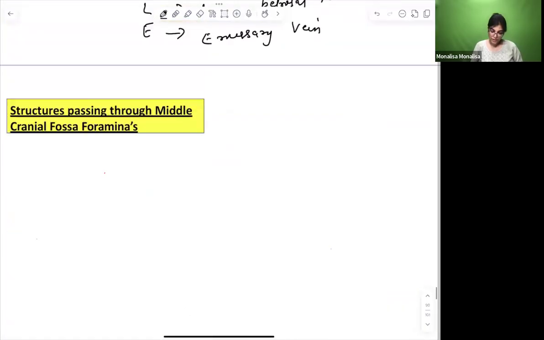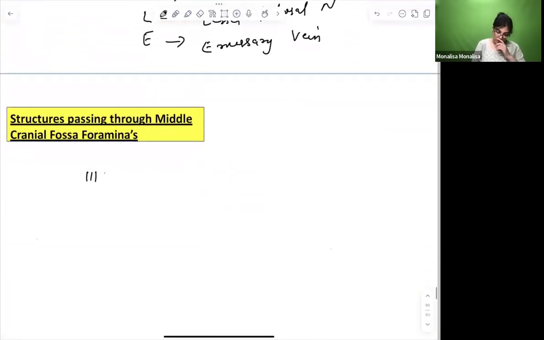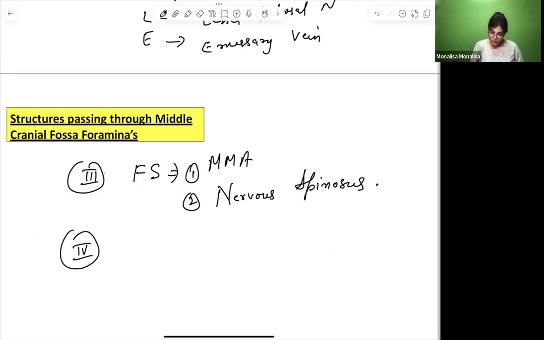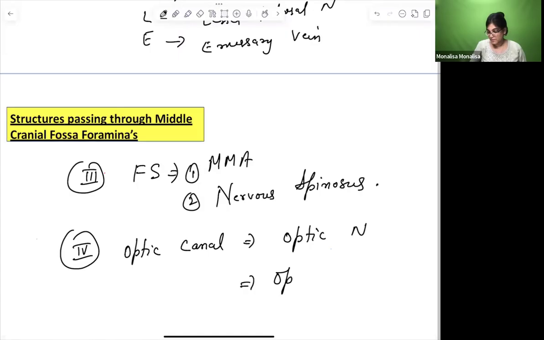Now, what passes through foramen spinosum? The middle meningeal artery and nervus spinosus. What passes through the optic foramen or canal? The optic nerve and ophthalmic artery.